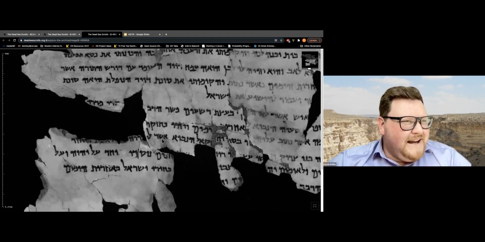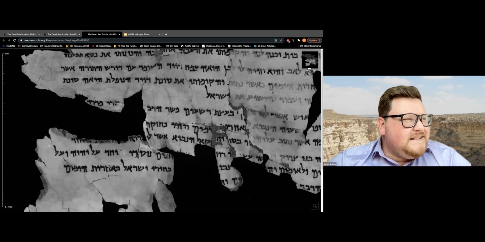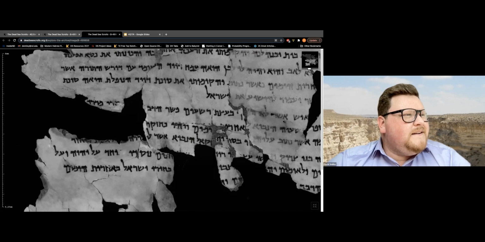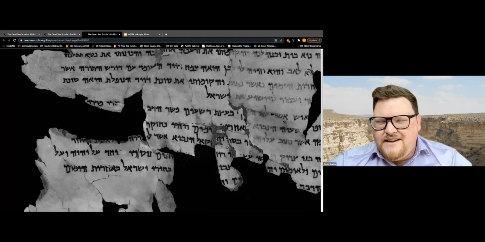But actually, if we count the lines with the other side of the scroll, this line goes with our line right here. So this should be dropped down a line. Right? Yep. And something's happening here for the rest of the line. We don't know. And there's no real good way to reconstruct this other than this line ends with Yachad right here, which is their name for their community.